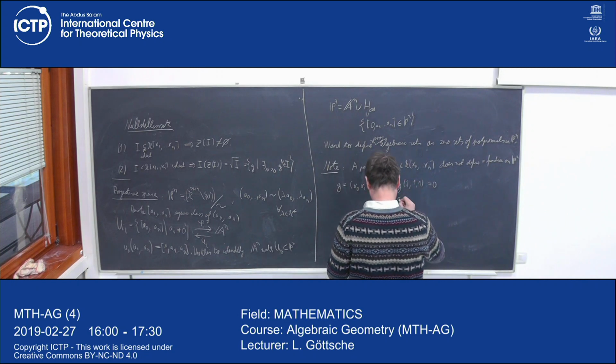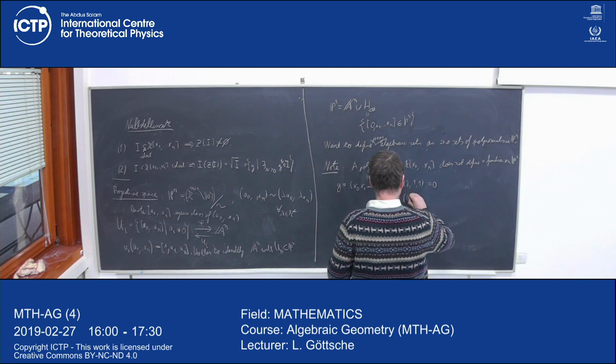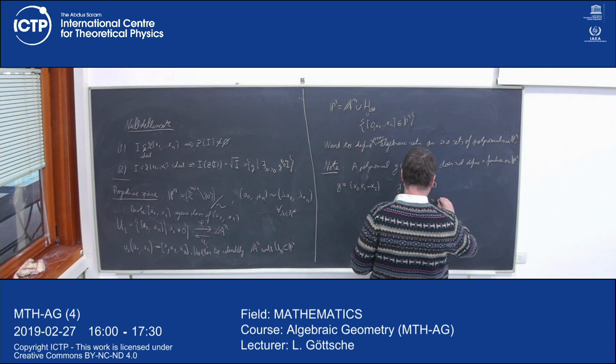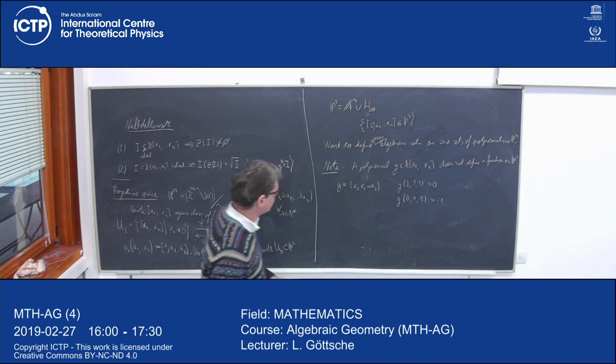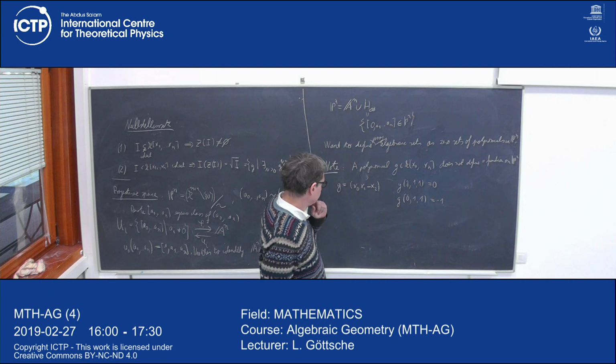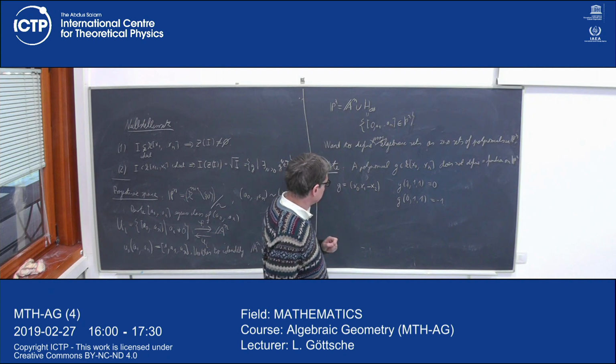And g of, say, (0,1,1) is 0 minus 1, which is minus 1. So you can see that for the same point, what did I want to say?